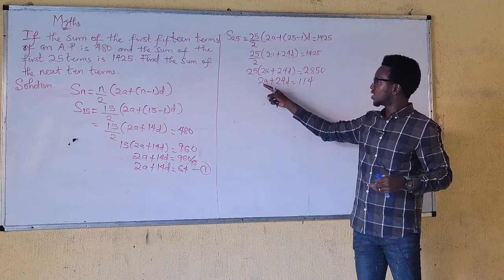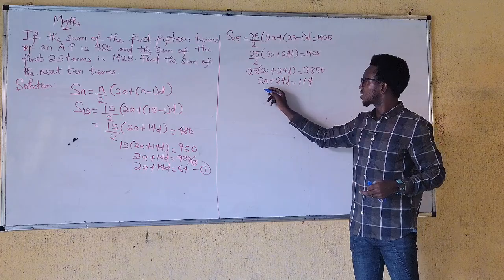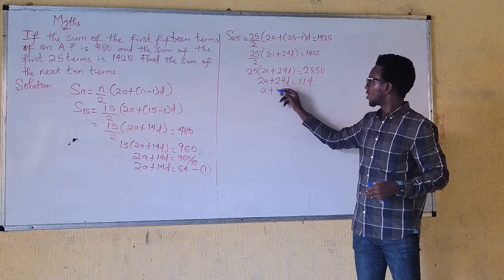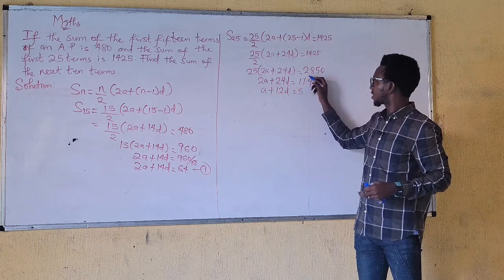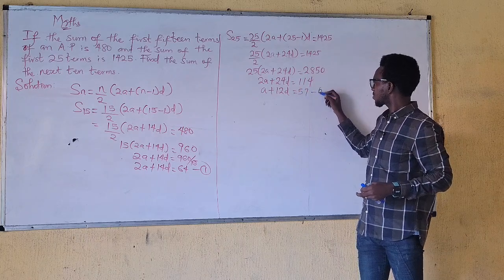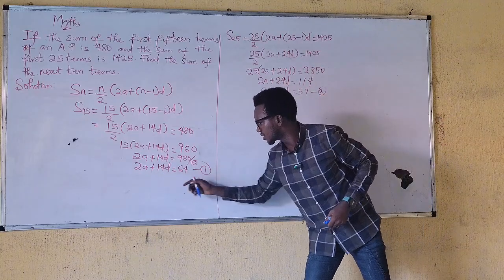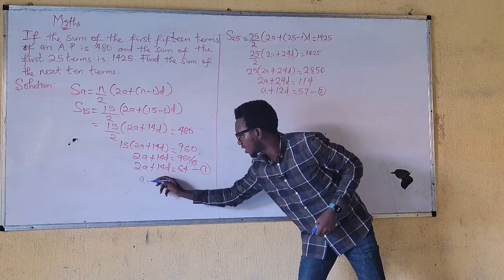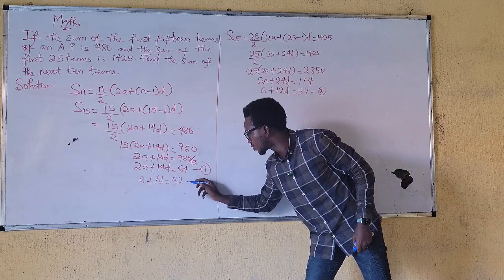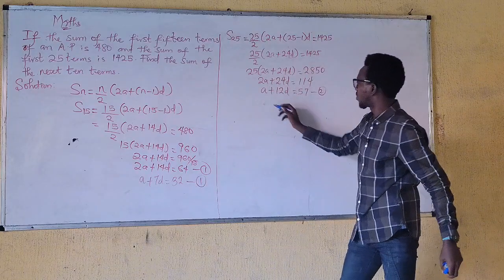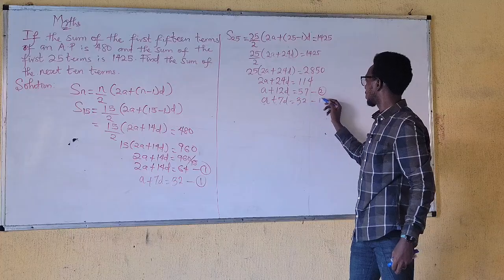If 2 divides through, this equation becomes a plus 12d equals 57. Equation 2. Same thing we should have done with equation 1 to reduce it. This equation is the same as a plus 7d equals 32, so that we just work with smaller numbers. So we have a plus 7d equals 32, equation 1.